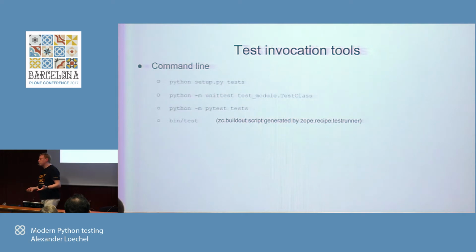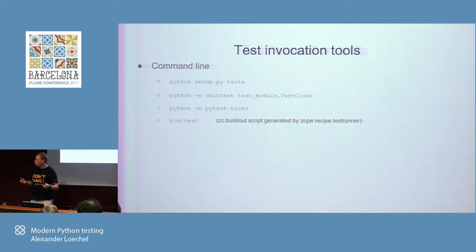So command line is the simple thing. If you have specified the test runner in your setup.py, you can just say python setup.py test, and it runs all the tests. If not, you can do something like python -m unittest with the test module and the test class to directly call your tests, or with pytest, python -m pytest and the directory where it should look up the tests.